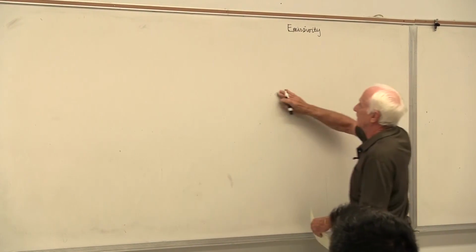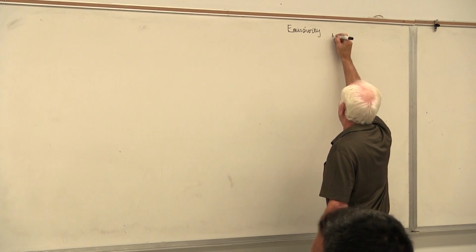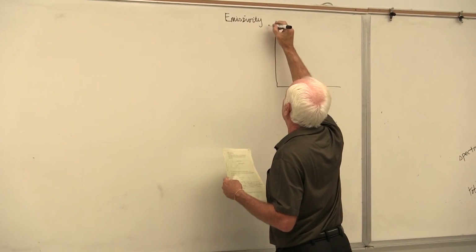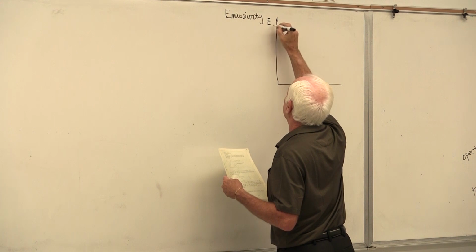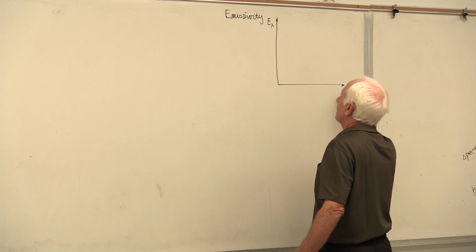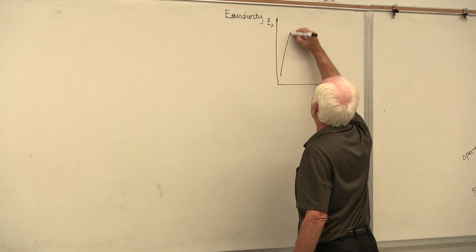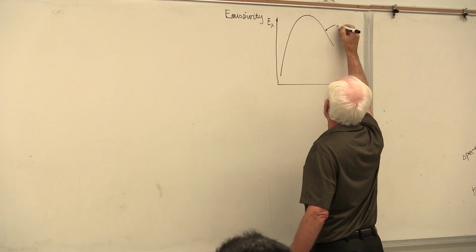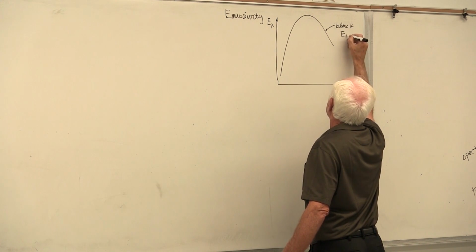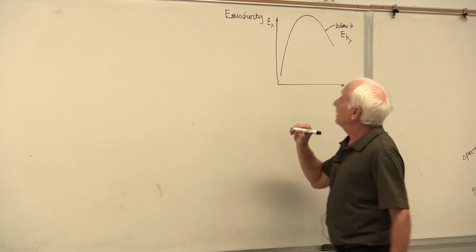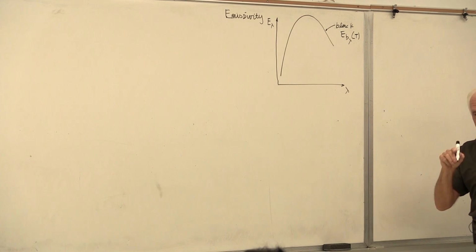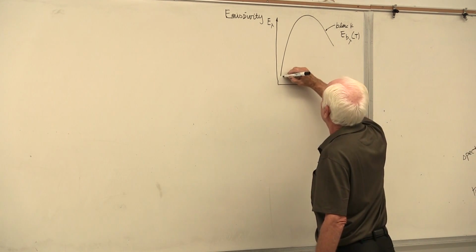Okay, emissivity. How do we define emissivity? Well, let's draw a graph here. We're given the emissive power as a function of wavelength versus lambda. If the surface is black, it looks like this at a certain temperature, T. A real surface at the same temperature might look like this.